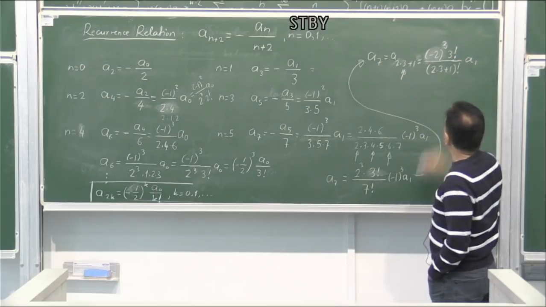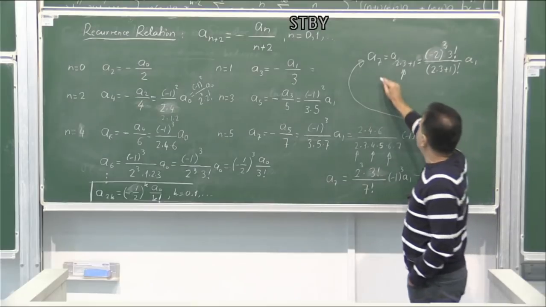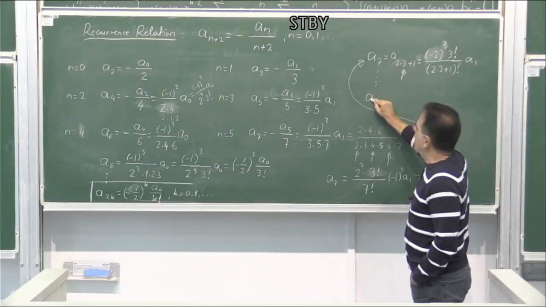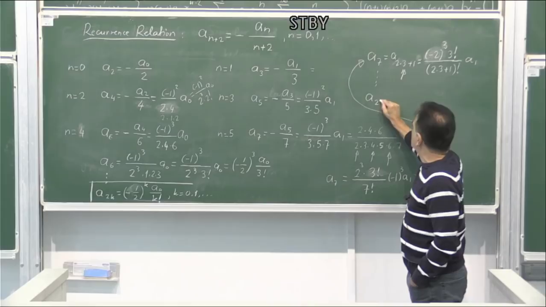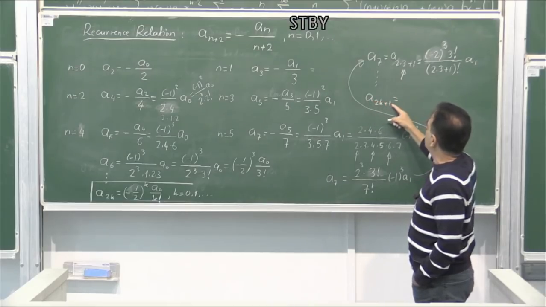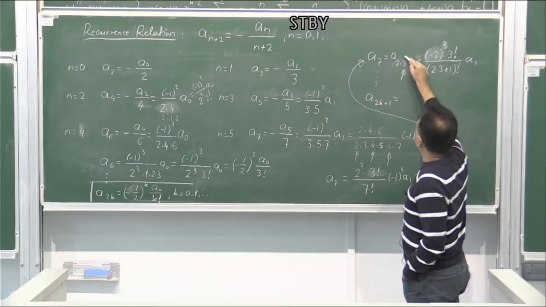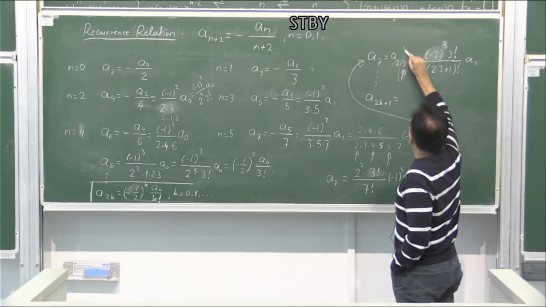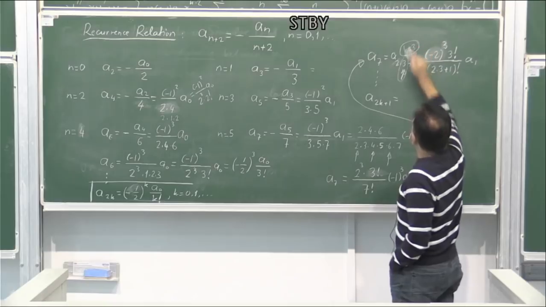A1. So from this structure, we can easily guess that a coefficient with an odd index like a2k plus 1. So here, this is just the case when k is 3. Okay?